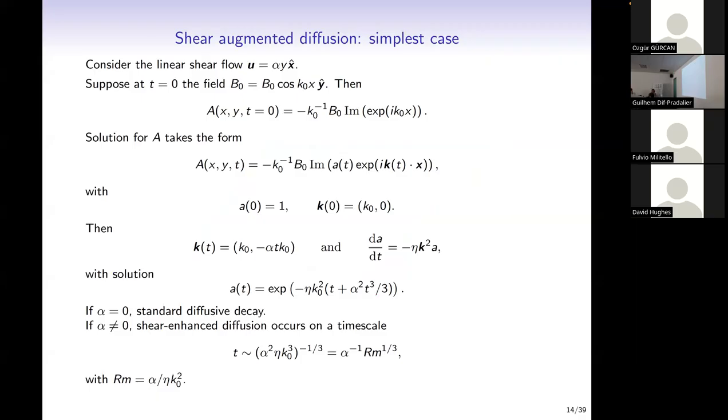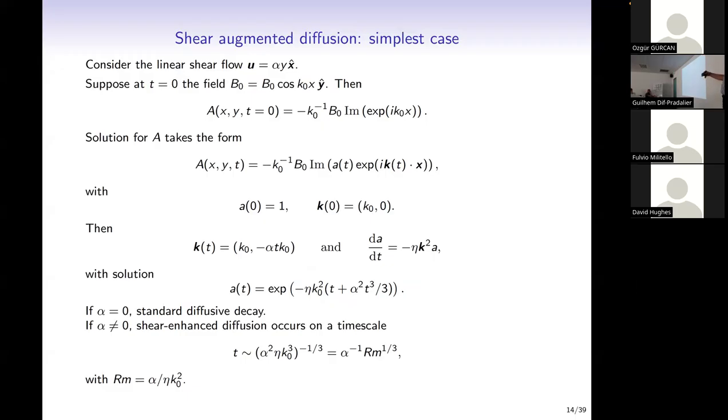Okay, so what's happening in this amplification and flux expulsion and so on. Okay. So in some sense, you can get quite a long way even without considering eddies. So you have a linear shear flow, a shear flow in x depending on y, and a field which is purely in y to begin with, and varies with x.